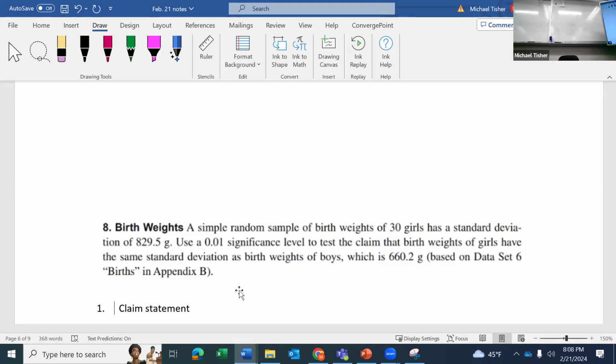From Louisiana, why do they say Sigma in Louisiana? Sigma. Sigma.